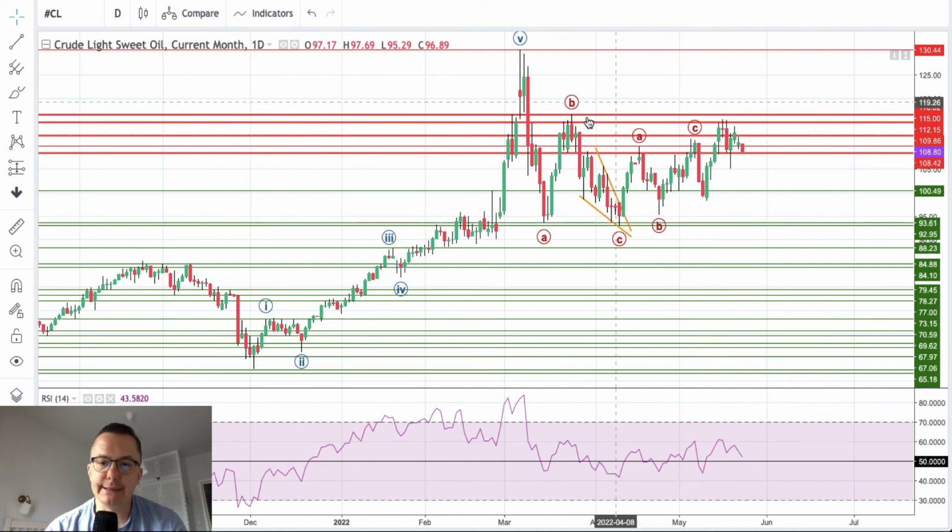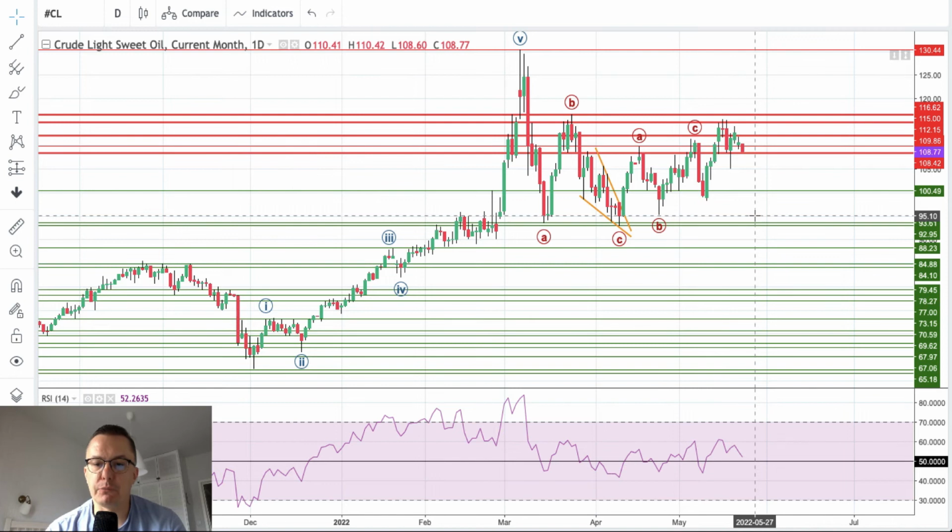But it is a very complex sideways market, completely untradeable, and right now it looks like we are being prepared for a bigger move to the downside occurring during the next few days or even weeks on the crude oil.